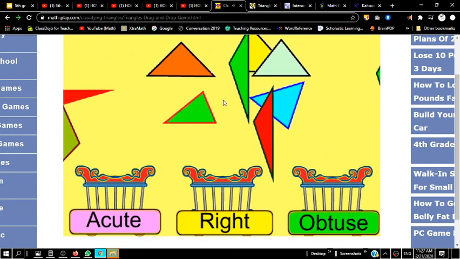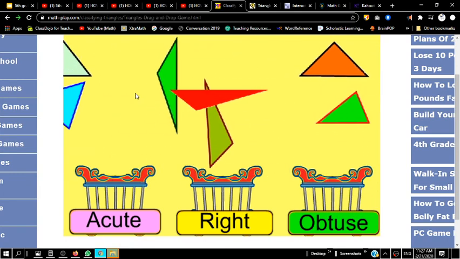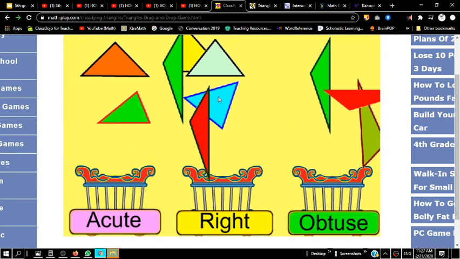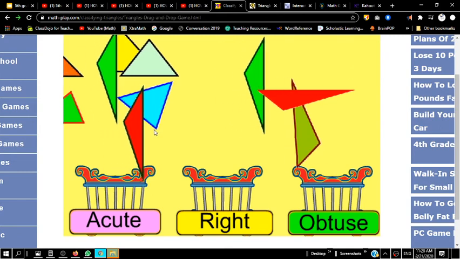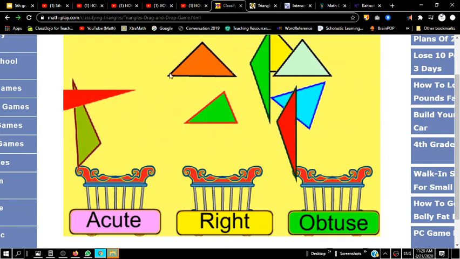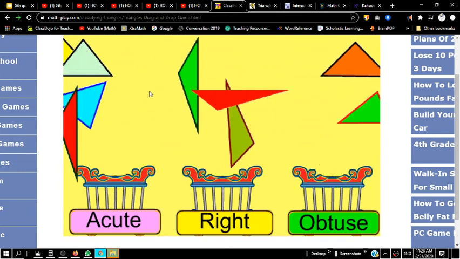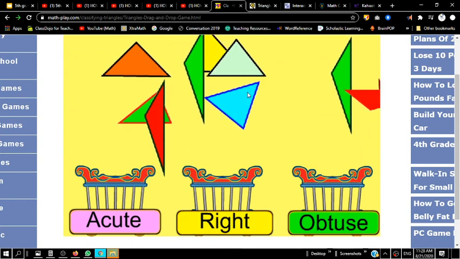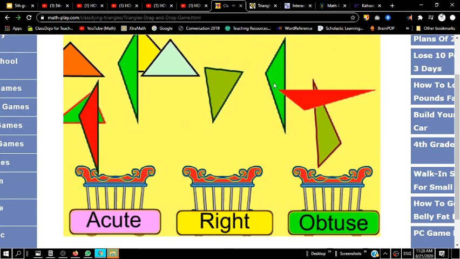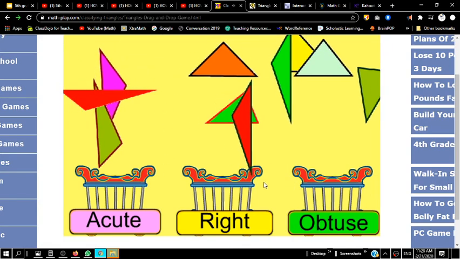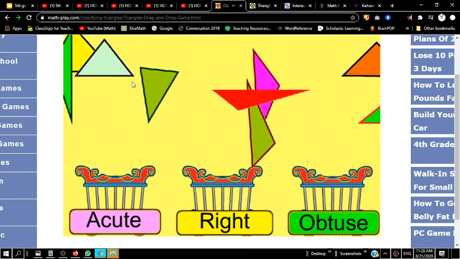Okay. Another right triangle. Where is one? Let's see. I can't find one. An acute triangle. Let's find one right here. Oops. Right there. Okay. Another obtuse triangle. Okay. A right triangle.